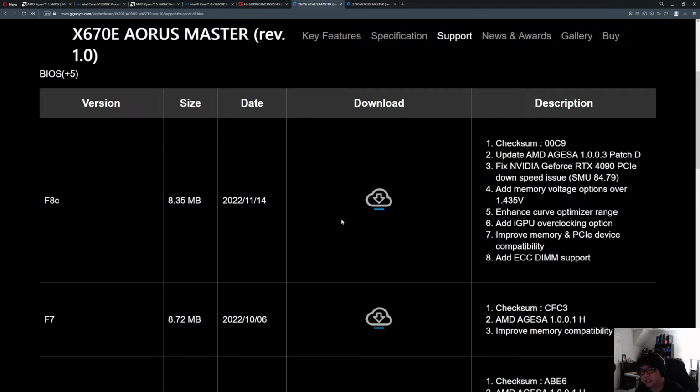When Zen 4 first launched back in late September last year, if you were running an EXPO or XMP profile, you couldn't put your computer to sleep, because either it wouldn't work at all or it would not wake up. There were bugs like that that I talked about on the channel when it was relevant, but all these BIOS updates have fixed a lot of those early teething issues.